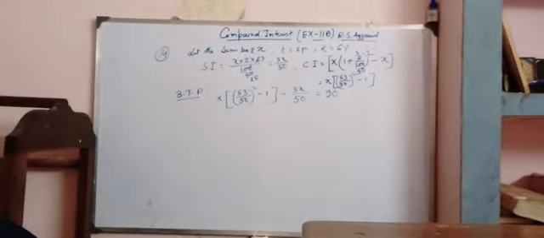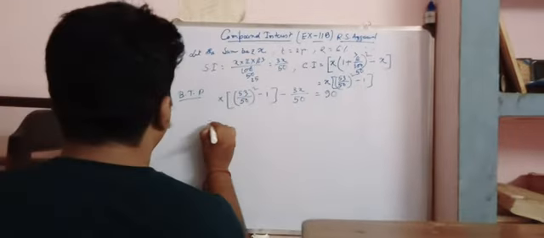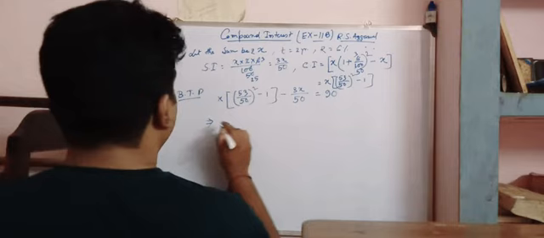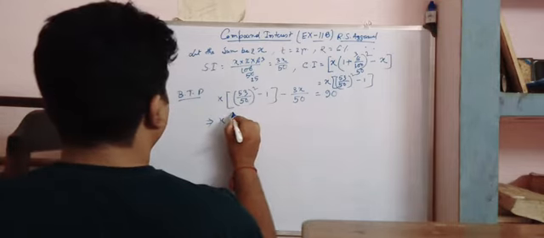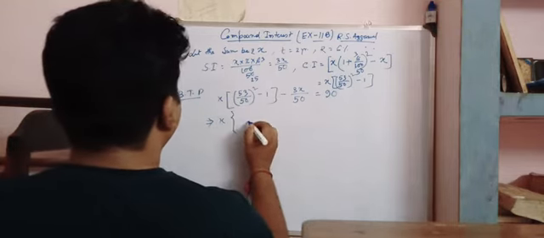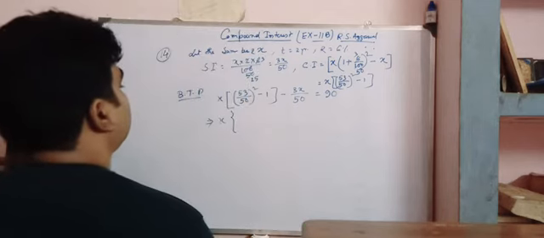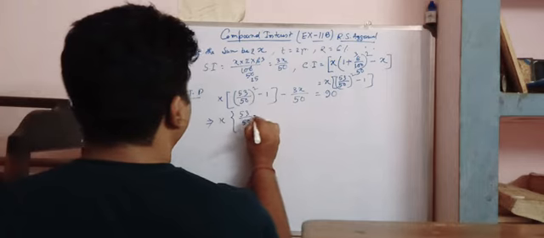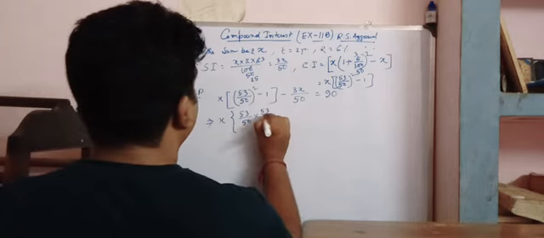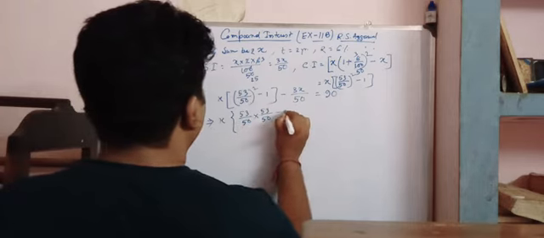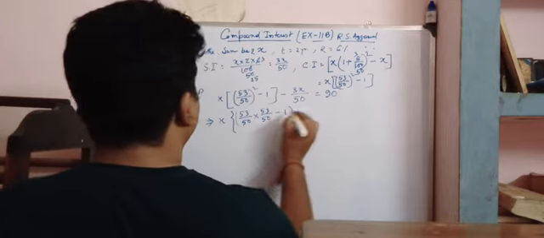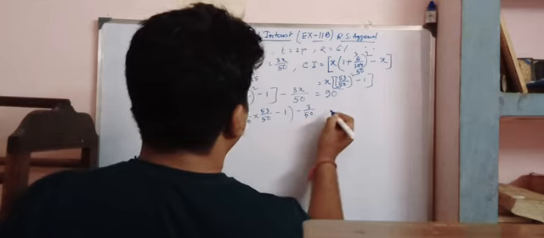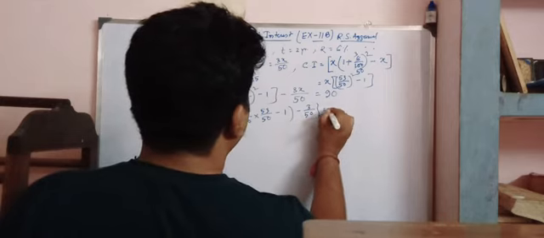Okay, so this is my equation. Now we have to solve it. We are taking x common. So here this is 53 into 53 by 50 minus 1 minus 3 by 50 is equal to 90.